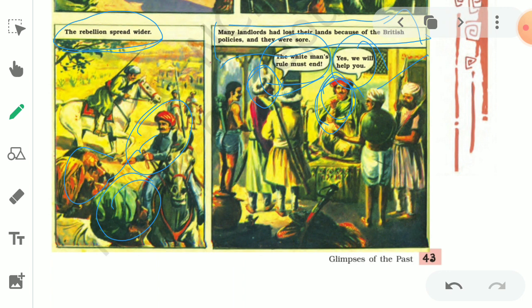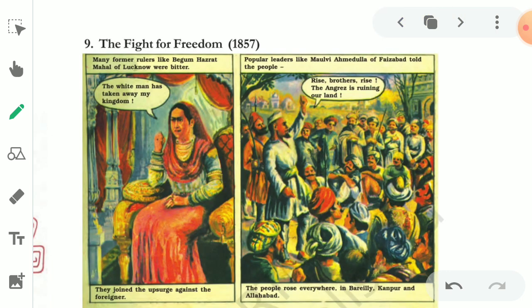Got it? Then the fight for freedom. In the year 1857, many former rulers like Begum Hazrat Mahal of Lucknow were bitter. Why is she bitter? Because she lost her power under British rule.